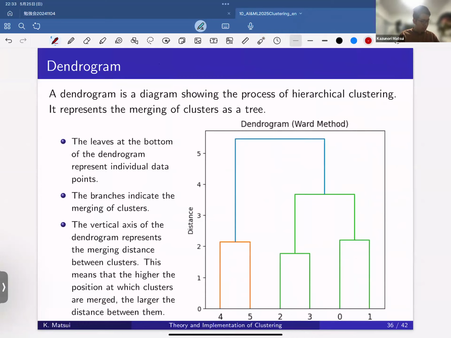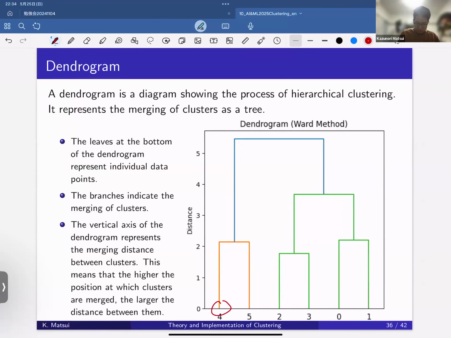To see how these are connected, something called a dendrogram is used. A dendrogram is a diagram showing the process of hierarchical clustering. It represents the merging of clusters as a tree.